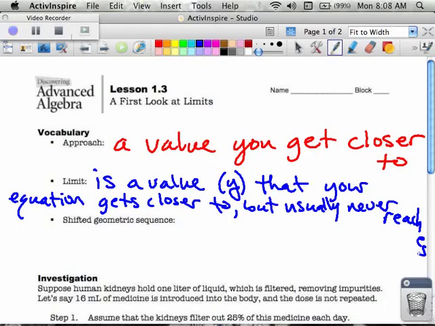So a limit is a value. Usually we talk about it as a y value. It's a value that you're getting closer and closer to but never reach.